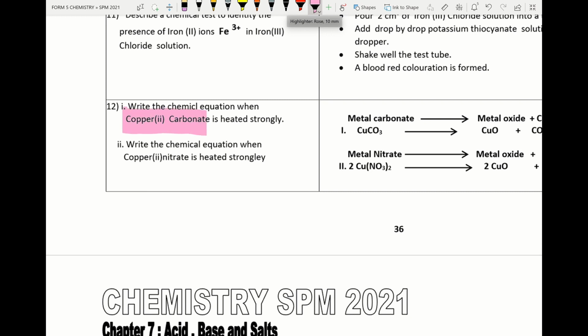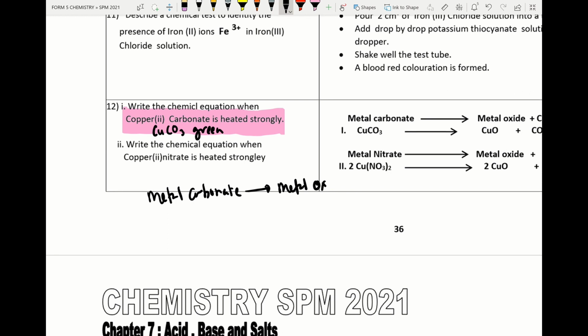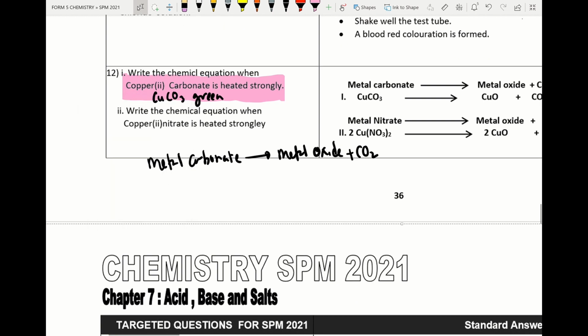Write the chemical equation when copper(II) carbonate is heated strongly. Please remember copper(II) carbonate is a green crystal or green powder. When a metal carbonate is heated, we will get a metal oxide, and carbon dioxide gas will be released, so two products.